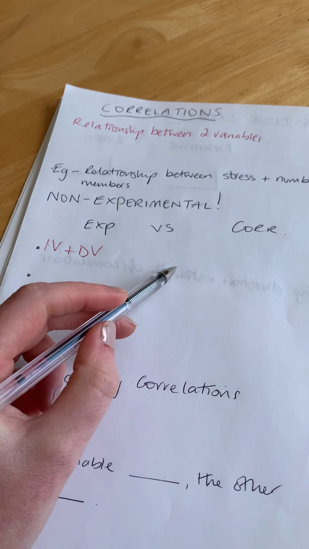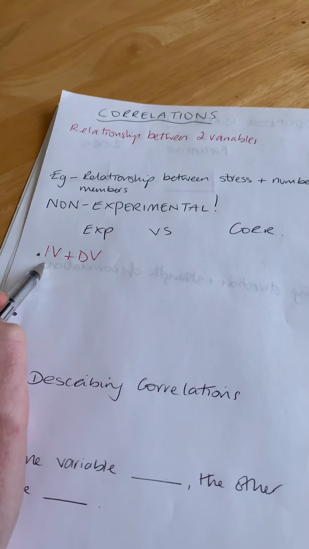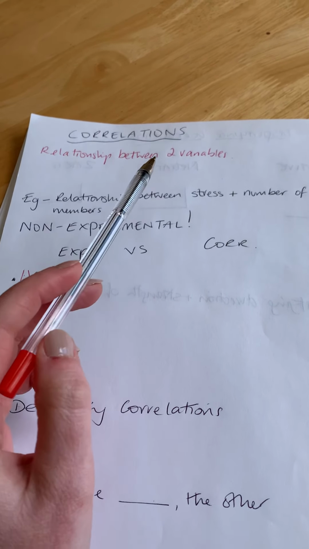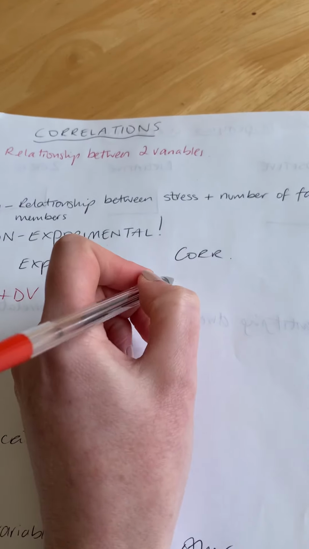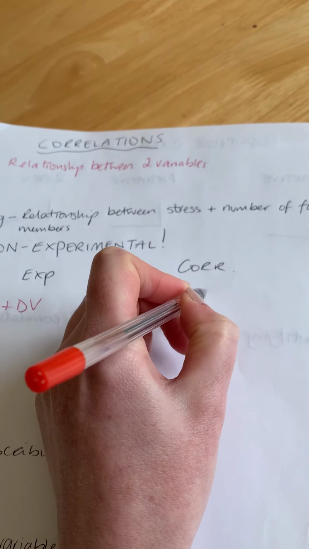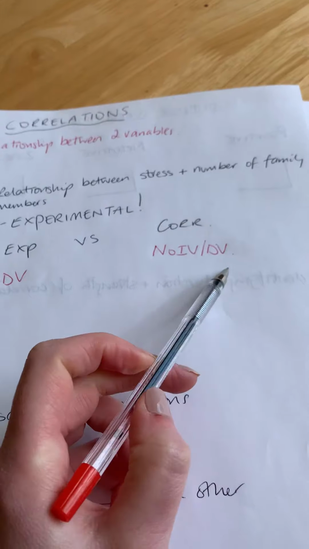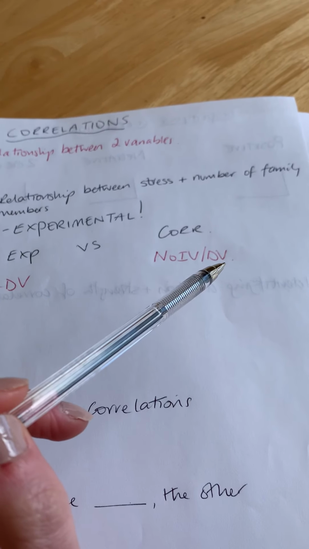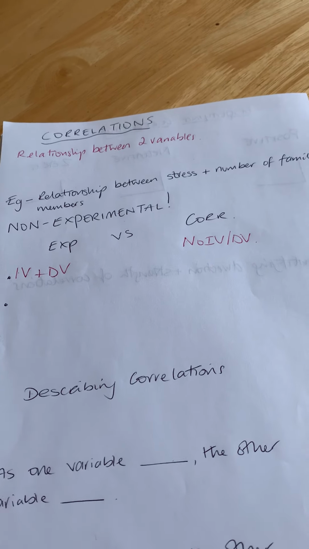In a correlation, we're not manipulating or changing anything. All we are doing is we are measuring two variables. So no IV, DV. Technically, we have two DVs because we have two that are being measured, but we don't call them DVs, we just call them variables.